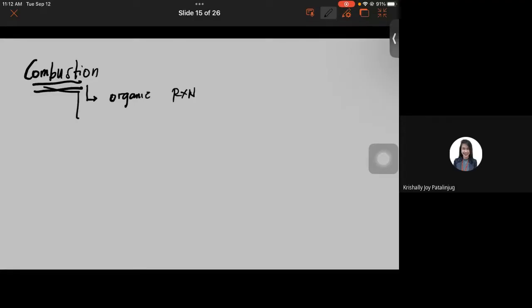Why organic? Because this specific type of reaction only occurs among organic compounds. So it occurs among hydrocarbon compounds. When you say hydrocarbon compounds, they are considered as organic.